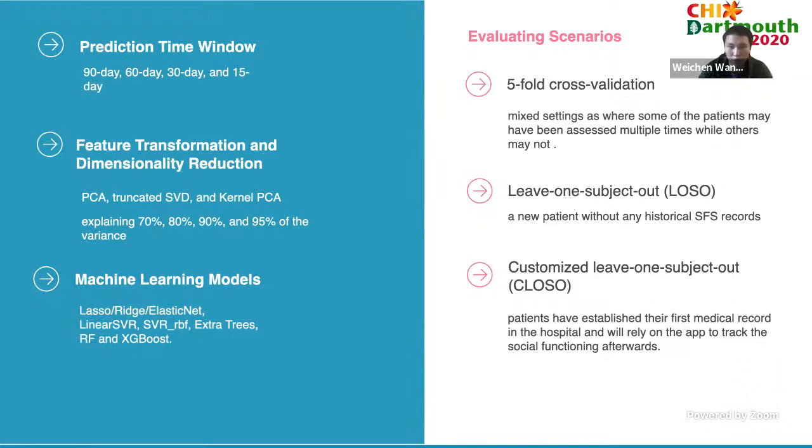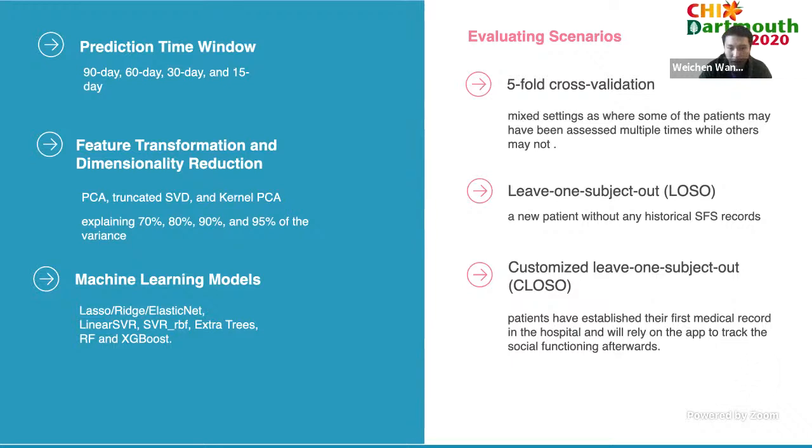And we also include a custom leave one subject out, which uses the first data points of one specific patient, combined with all the data points of other patients, to predict the response of that patient in later assessments.